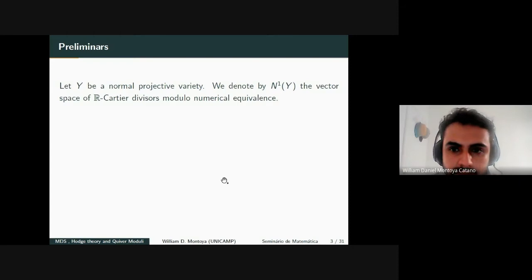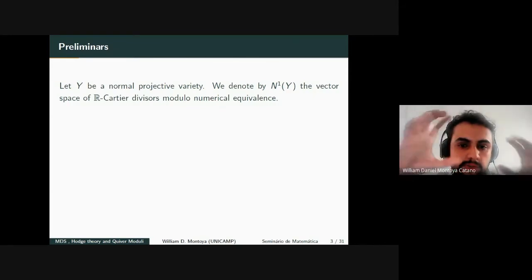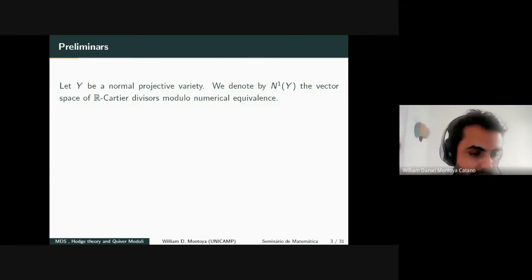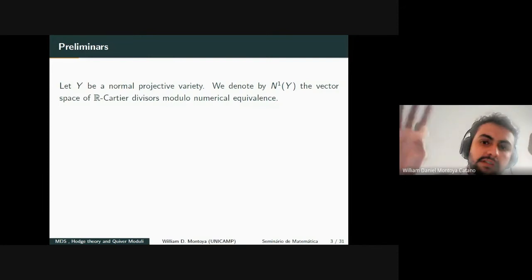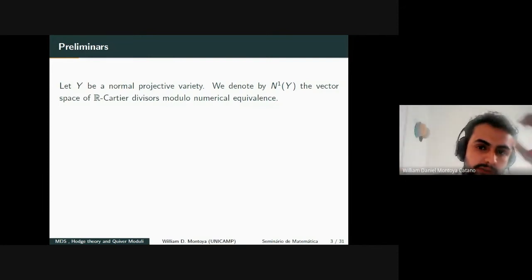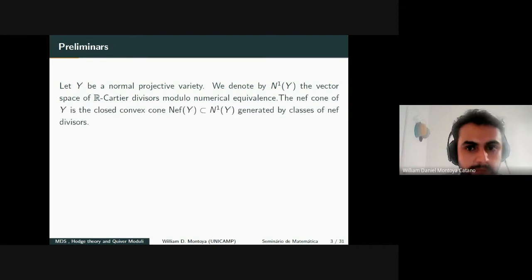Numerical equivalence means you put in the same class divisors that have the same intersection with all the curves inside your variety. So you have the collection of all these codimension one subvarieties, and you see how they intersect with curves. If they intersect every curve in the same number of points, you put them in the same class. This is N1.